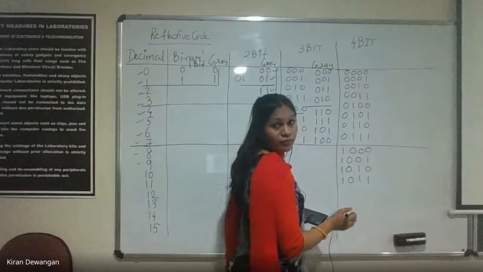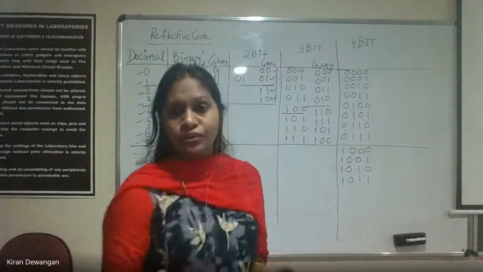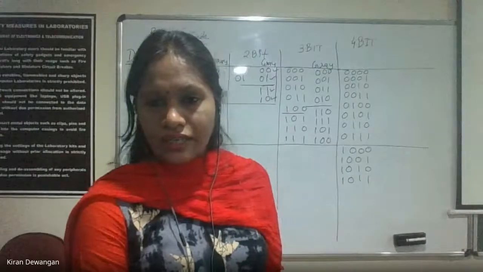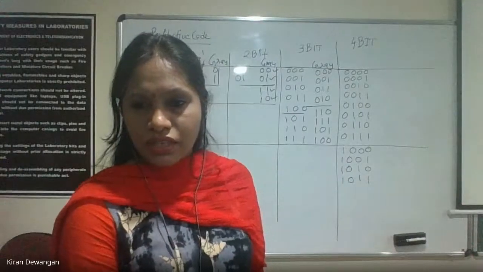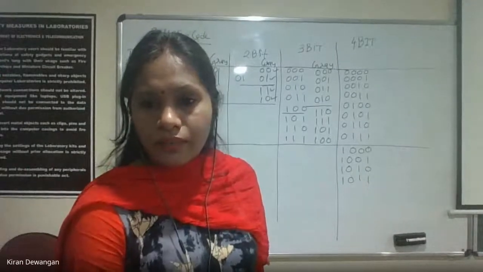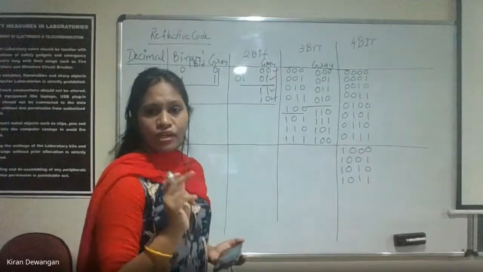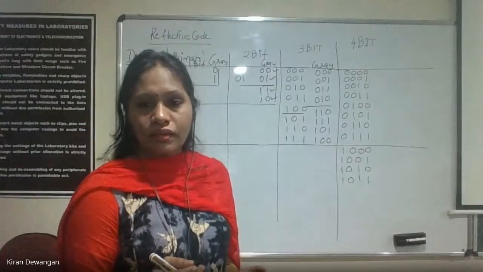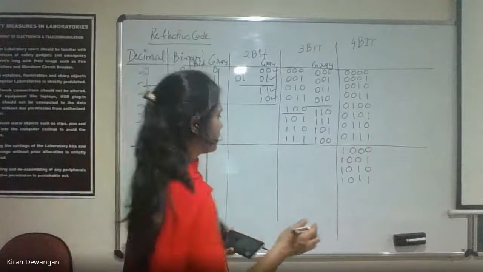Anyone? Ma'am, in gray for 2 to 3, how did we take 11 10 initially? I didn't understand, for 3-bit. What are you asking? Just turn on your mic and say 1 1 0 0. Okay, that is for 12.